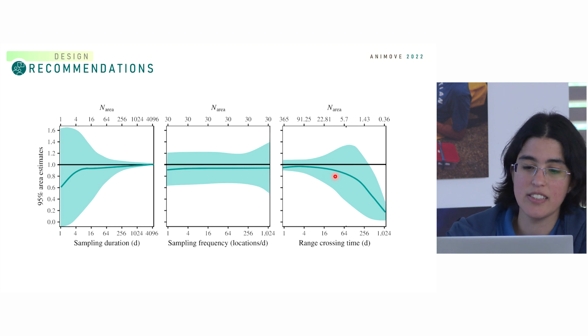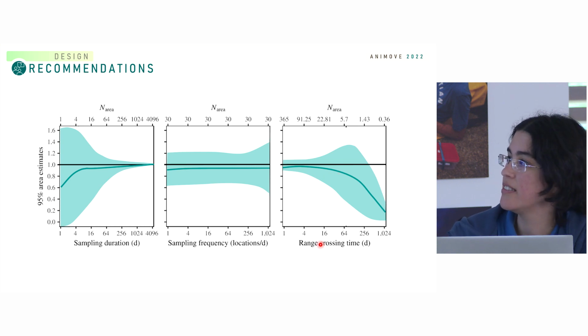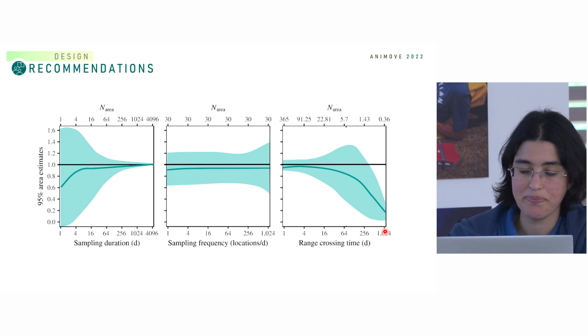And obviously, as the range crossing time, the position autocorrelation, increases, we're going to see less accuracy, underestimation from the AKDE.